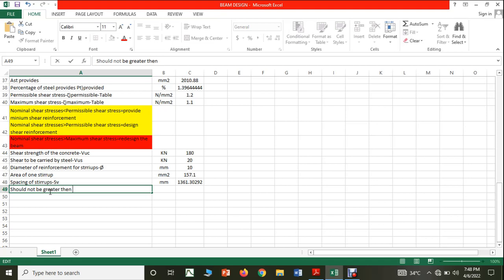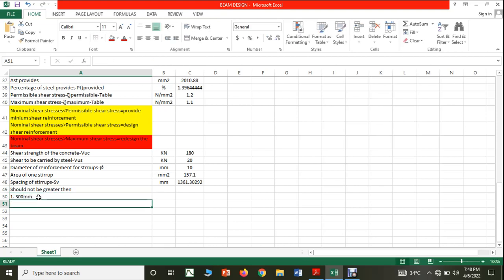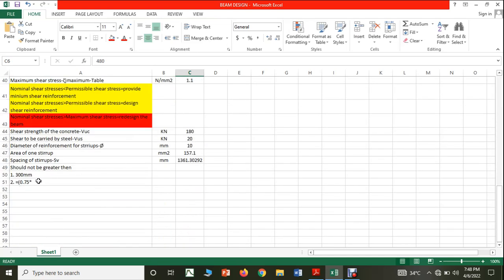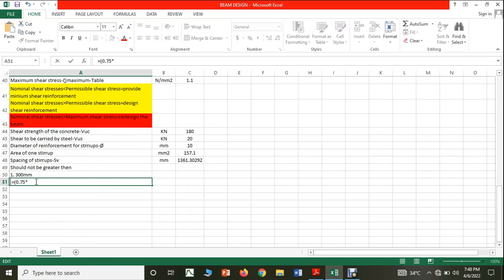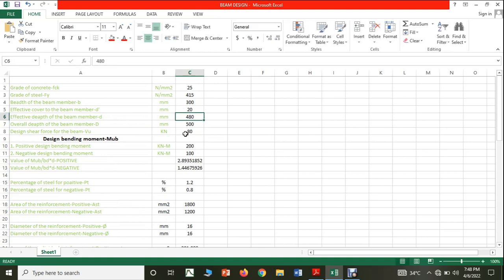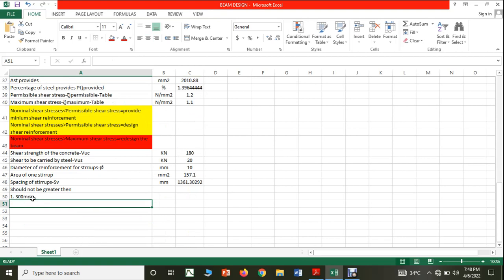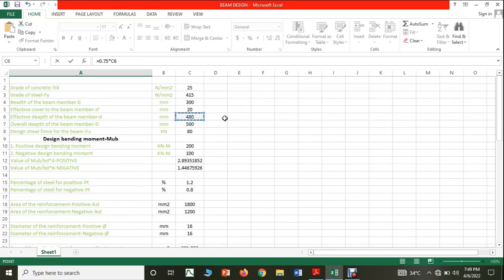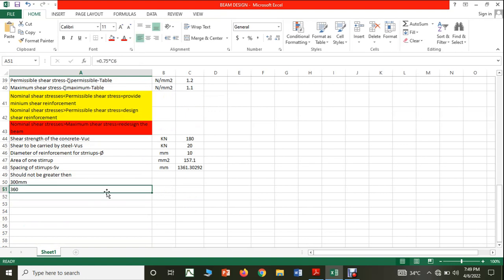It should not be greater than the first one, 300 mm, or the second one, 0.75 into d. So it should not be greater than these two values.